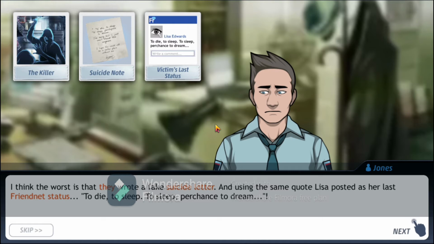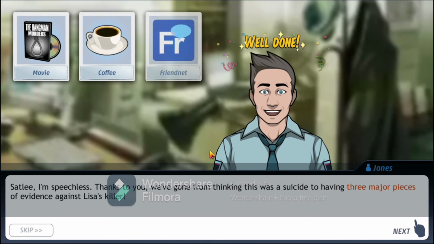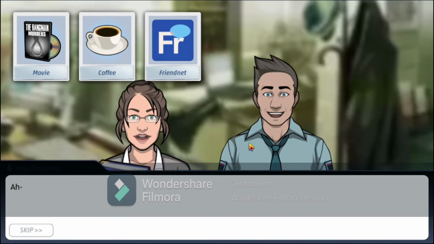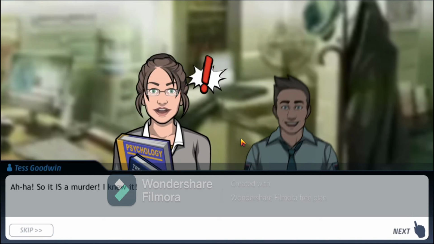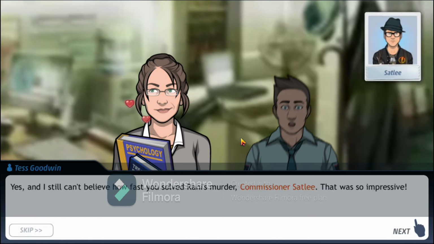My theory on why Tess Goodwin might be the murderer is that maybe she was very obsessed with murder ever since she was, let's say, 15, and she started reading about it, and as she went through college, of course, she studied for it. She was reading most of the time of her life, I guess.